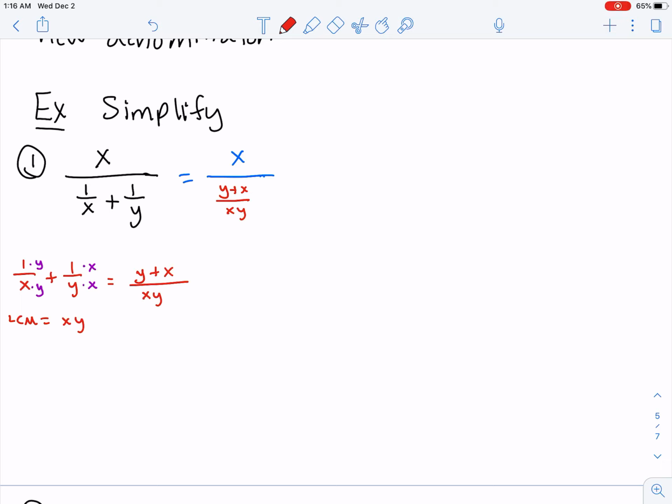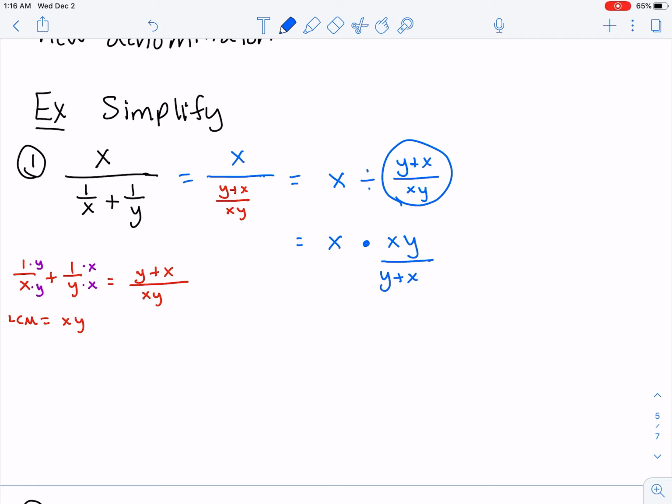Okay. Well, have to admit I go a little old school when I rewrite these. So this is like x divided by (y plus x) over xy. Well, let's see. That's the same as multiplying by the reciprocal of the second term, xy over (y plus x).